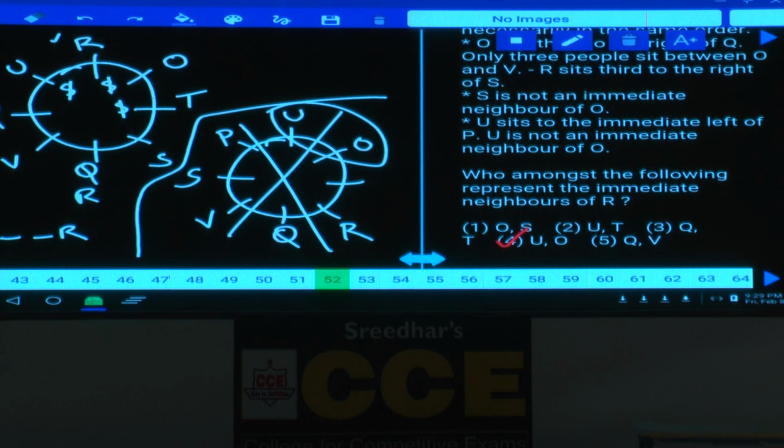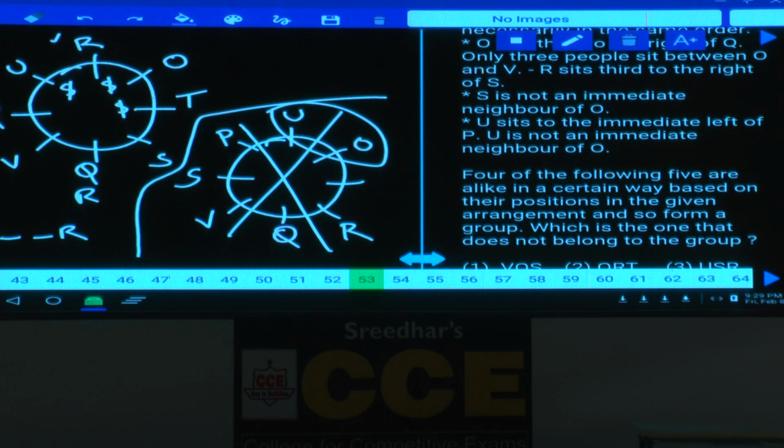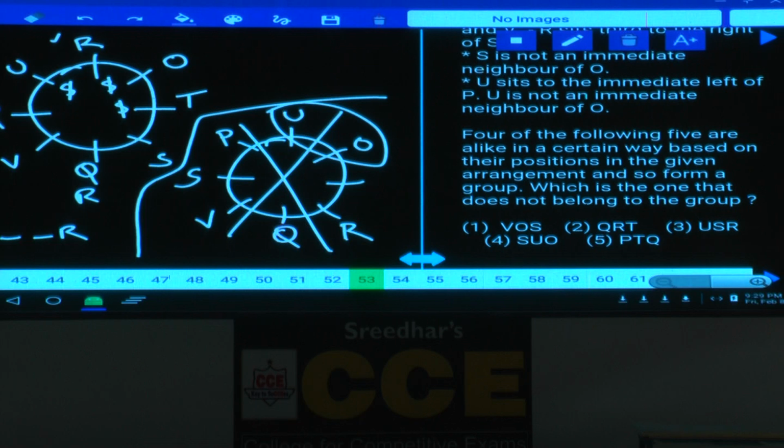And 53, 4 out of the following means it is nothing but an odd man out. 4 of the following follows a particular pattern, and find out the one which does not belong to that group. V, O and S. Now, V's right hand side is S, isn't it? S right hand side, second right and second right.